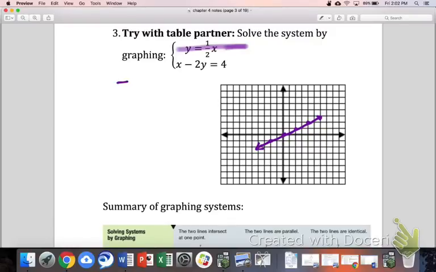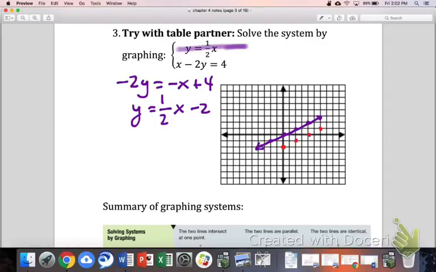If I subtract x, I get -2y equals -x plus 4. Dividing by -2, I get positive 1/2 x minus 2. If I were to graph that line in red, the y-intercept is -2, and the slope is 1/2.